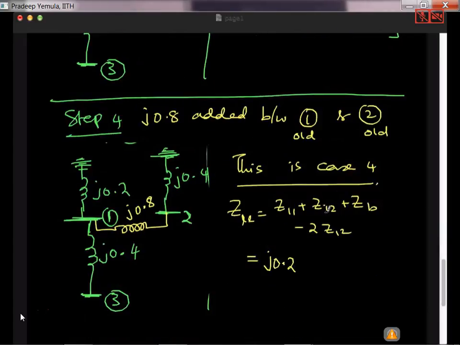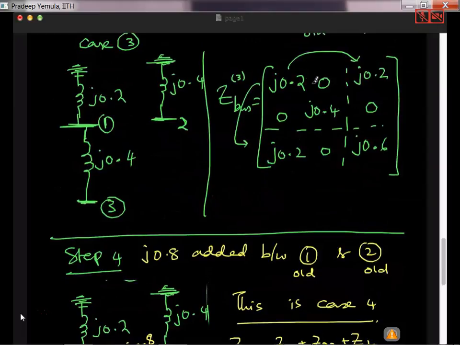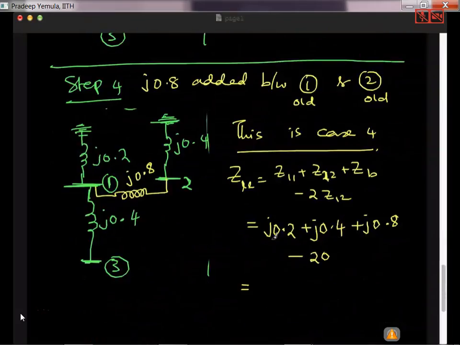Sorry, this is Z22 plus J0.4 plus ZB, so that is J0.8 minus 2 into Z12, that is nothing but 0 here. So this total thing is becoming how much? 0.4, 0.2 and 0.8. So J1.4 is my ZLL.